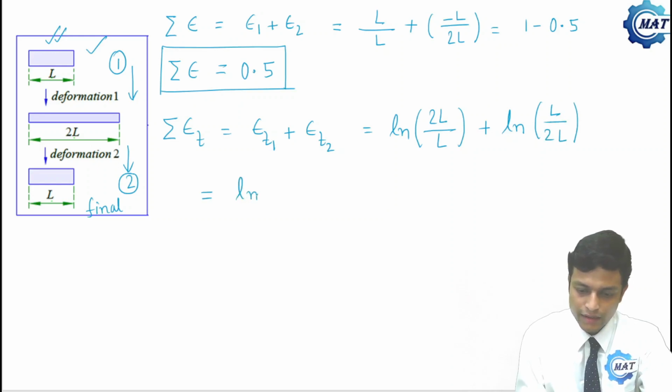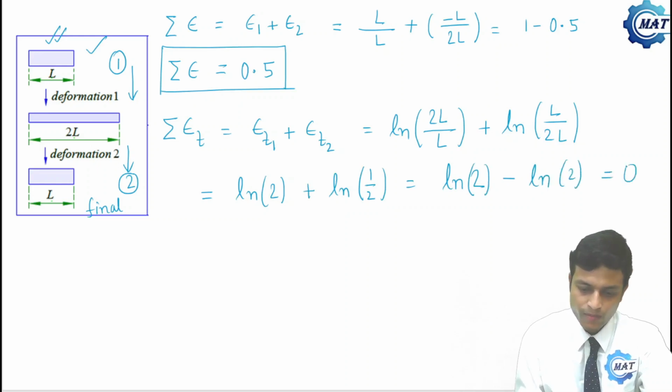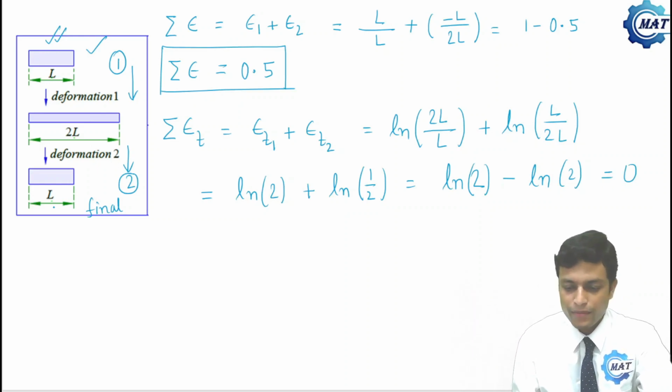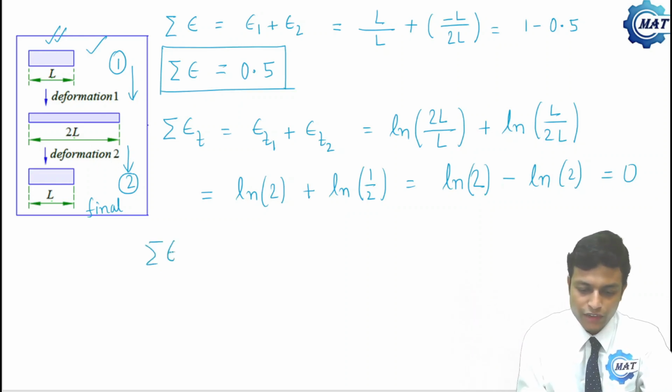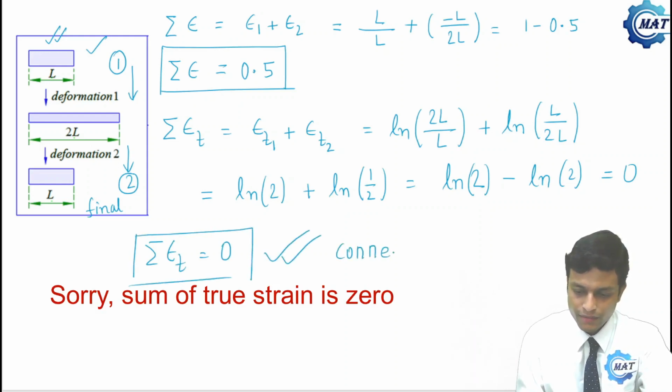That is ln 2 plus ln half, which is ln 2 minus ln 2, that is 0. That gives the correct answer, because there is no resultant strain as the initial and final lengths are the same. So this is correct, and the engineering strain result is incorrect.